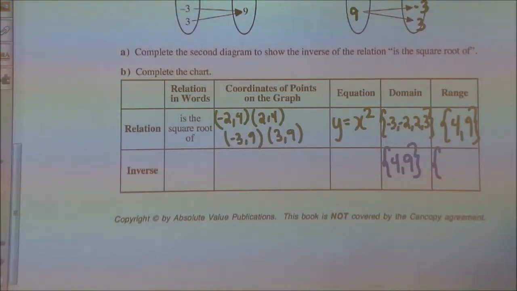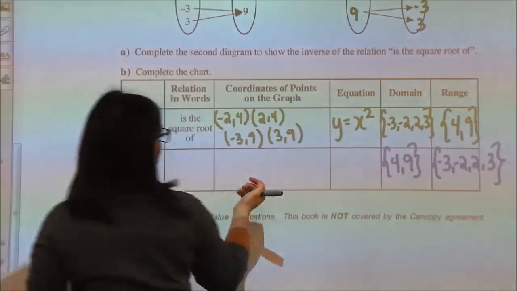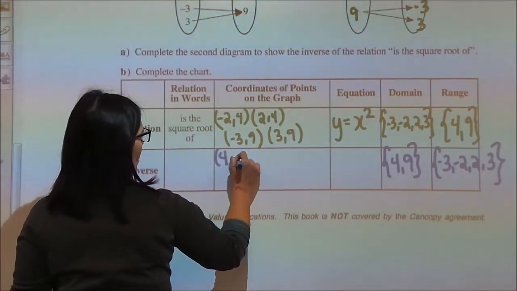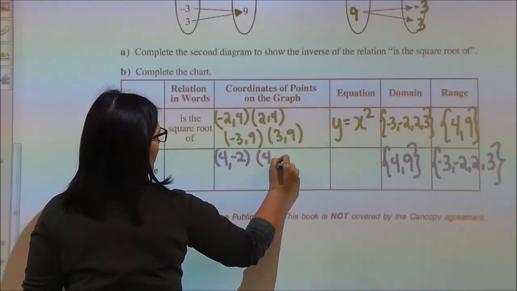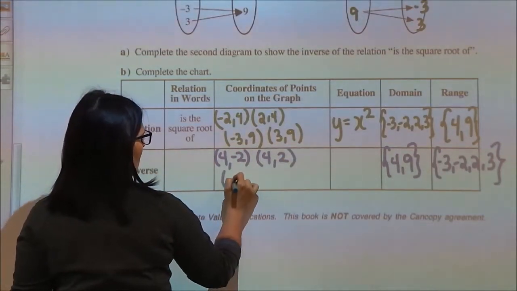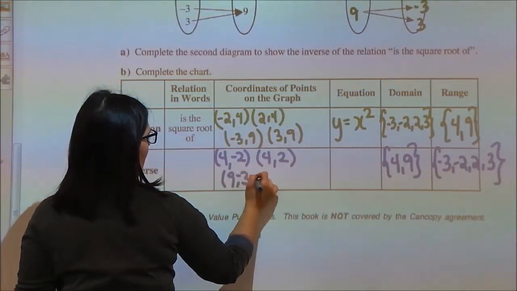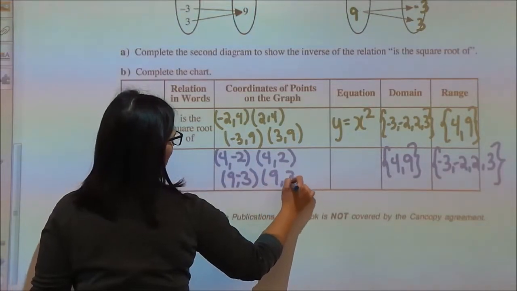Same as the domain from the previous one. And then my coordinates, 4 and negative 2, 4 and positive 2, 9 and negative 3, 9 and positive 3.